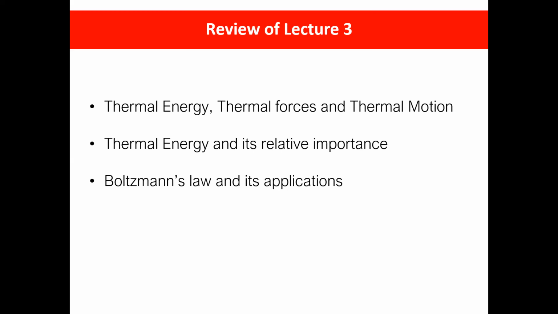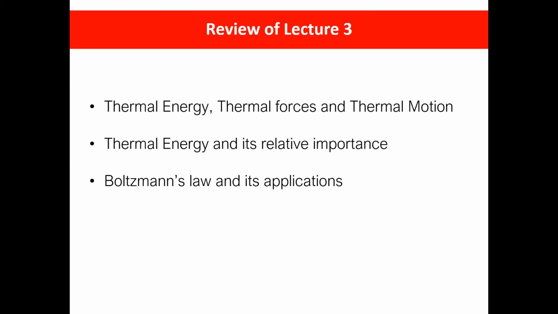And that led to a problem: if I'm doing an experiment with the system, in which state will I find the system? The prescription for that was given by Boltzmann. What Boltzmann said is that the probability of finding the system in any given energy state does not only depend on the energy of that particular state, but also on how much thermal energy it can acquire from the surroundings.